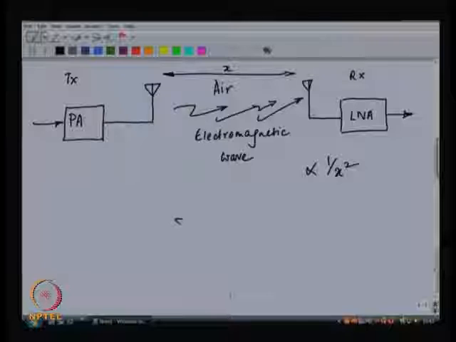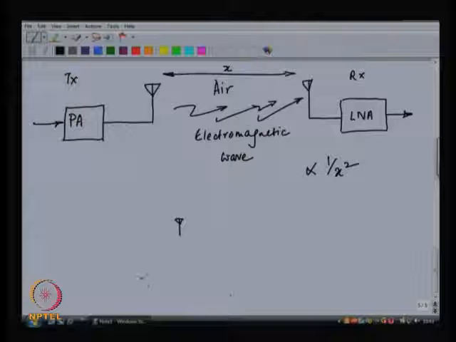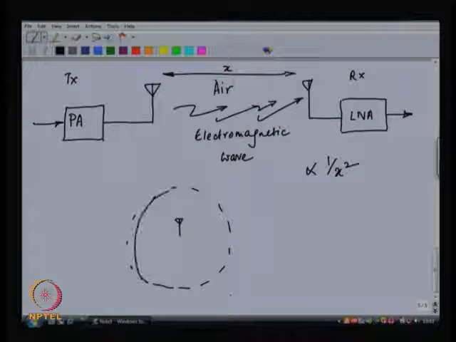You have a point transmitter and think of a sphere surrounding the transmitter. The transmitter is transmitting in all possible directions, and suppose the receive antenna is the entire surface of a sphere surrounding the transmit antenna, arbitrary radius, entire area. In that case, all the power that has been transmitted by the transmit antenna is received by the receive antenna.